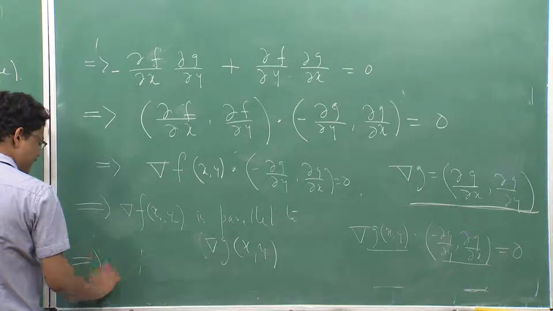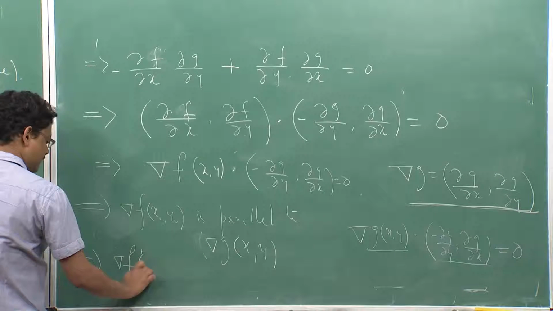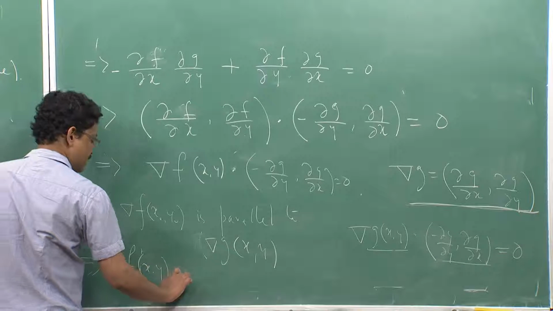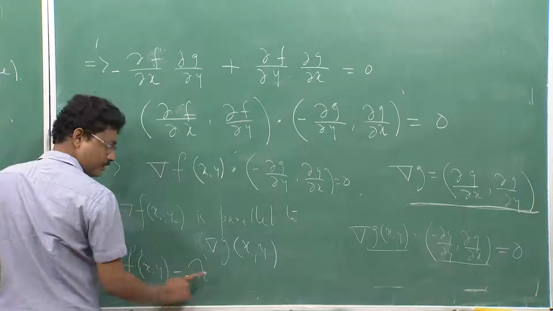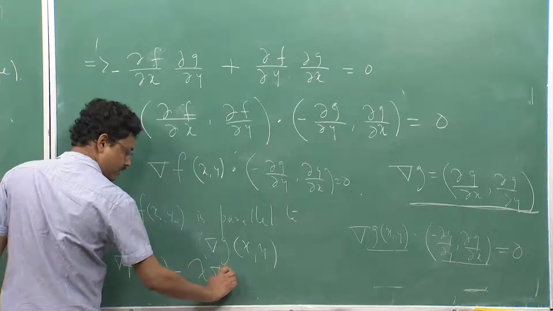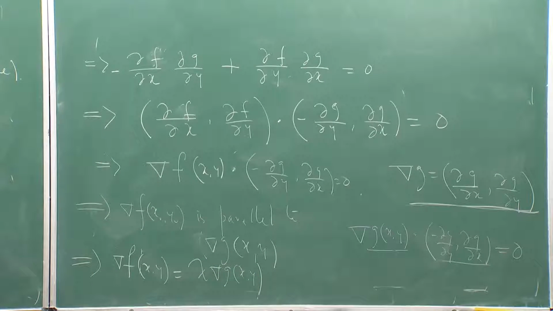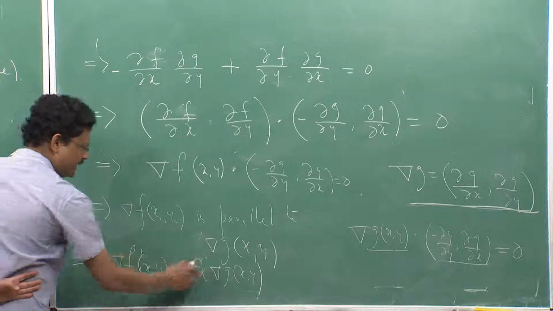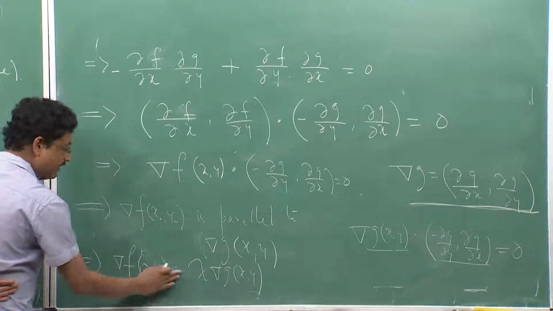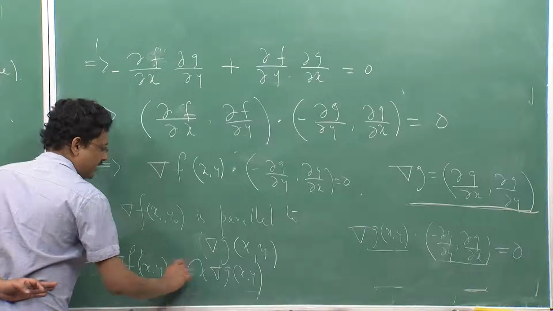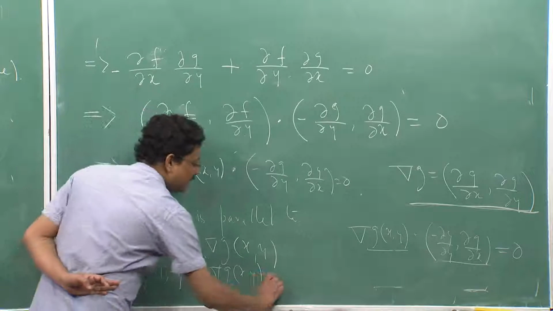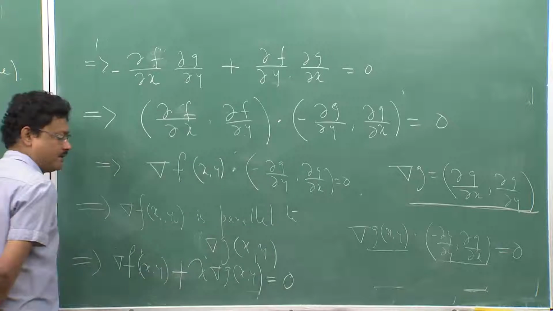So, that means this vector is some multiple of this. Two vectors parallel means they are multiples of each other, and instead of writing it this way, I can take this side and adjust the sign. I can write this is equal to 0.